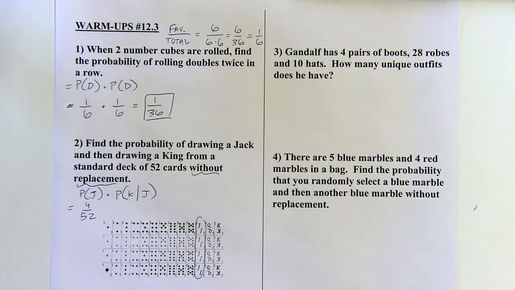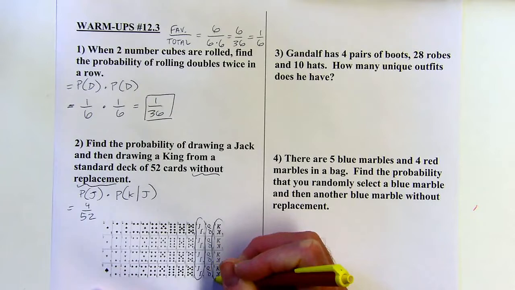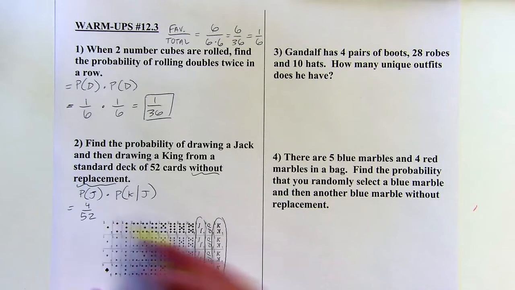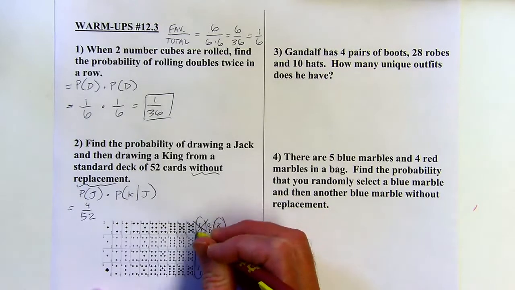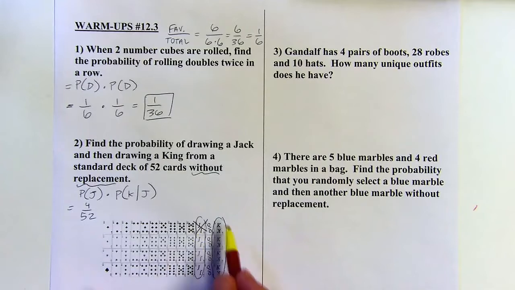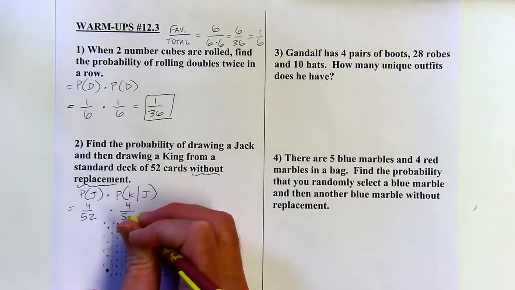Okay. On the second draw, we're going to find the probability of drawing one of these kings, but you have to assume one of the jacks has already been removed, because let's say on the first draw, we pulled out the jack of clubs there. Well, that's gone then. There are 4 kings in the deck, but there would only be 51 total cards left.